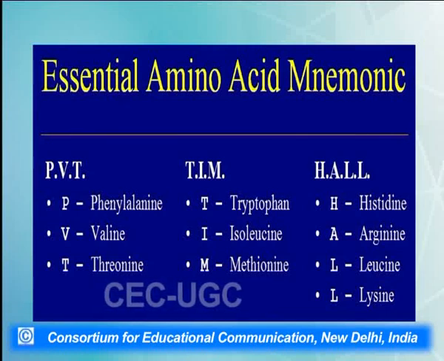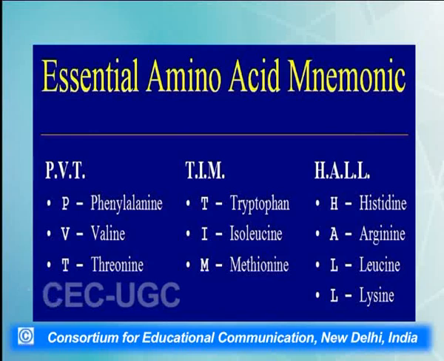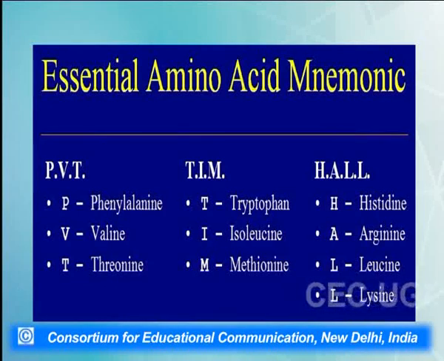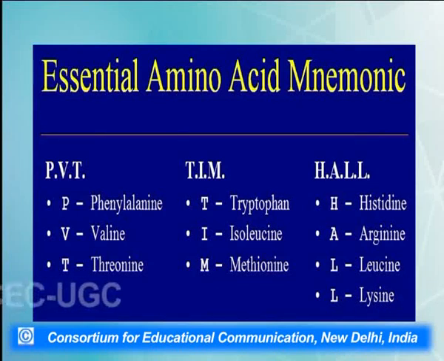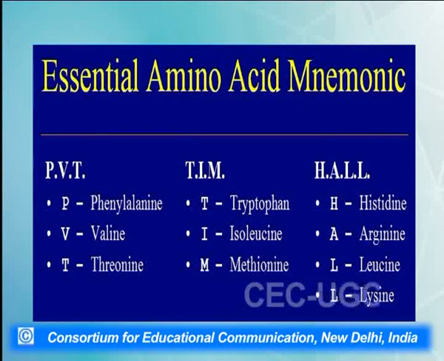P is phenylalanine, V is valine, T is threonine. In TIM, T is tryptophan, I is isoleucine, M is methionine. Similarly, in HALL, H is histidine, A is arginine, L is leucine, and L is lysine.